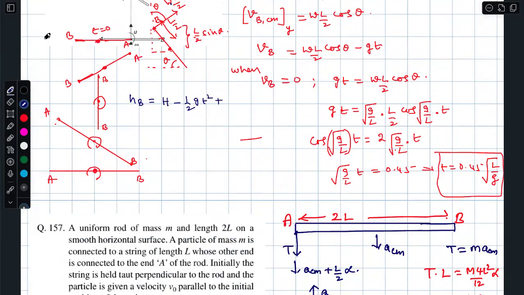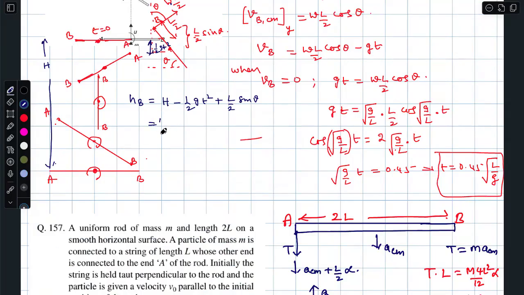Why? Because this is H, and the center of mass has moved down by half gt square. With respect to center of mass, plus L by 2 sin theta. Did you understand how I did this? Taking this as reference, H minus half gt square plus L by 2 sin theta. So solve and you will get the answer you need.